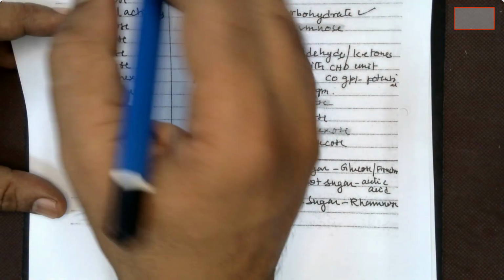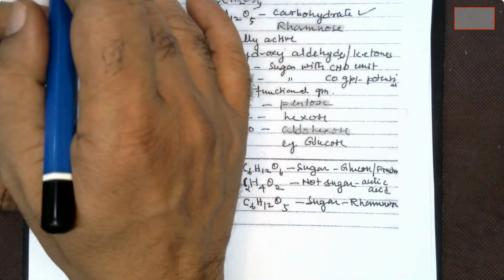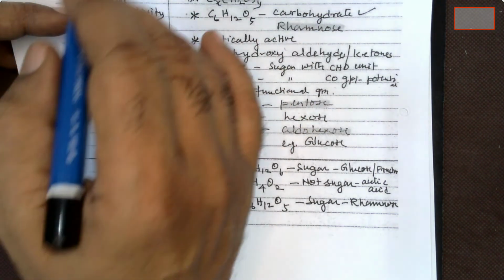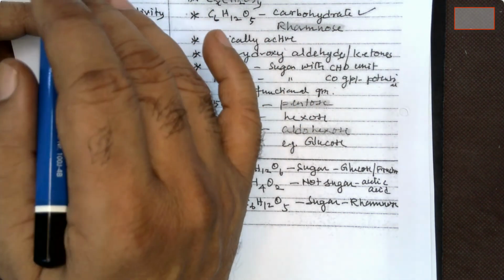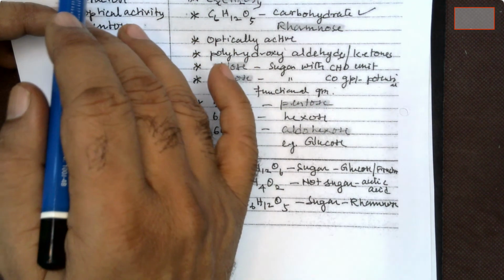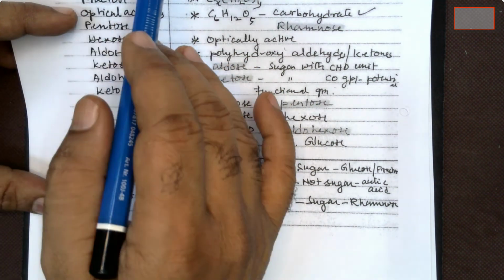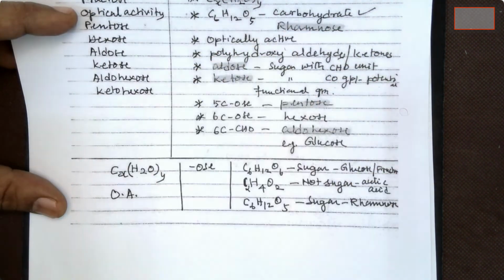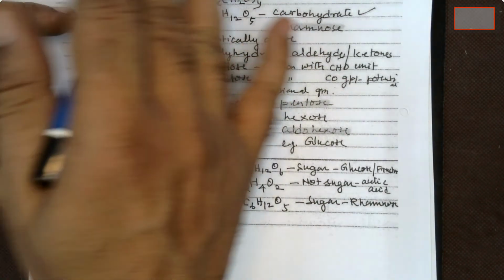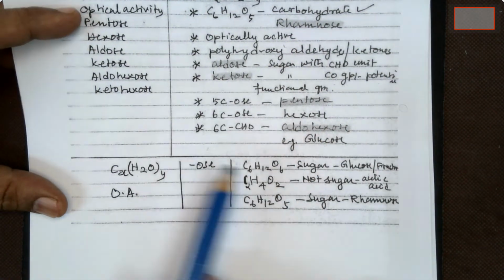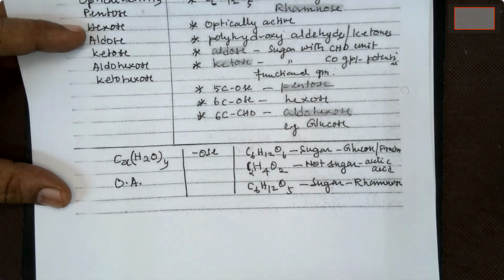And the main content of this topic, this is topic 3, is that we'll be discussing carbohydrates, proteins, enzymes, vitamins, and nucleic acids. So these are biomolecules. At the outset, I am explaining about carbohydrates here.